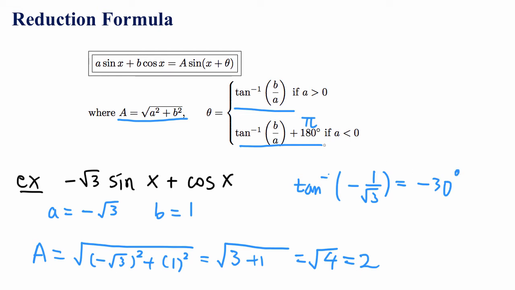But notice here that the value of a is negative, so we have to add 180 degrees to this value. Then we get 150 degrees, and if you want a radian value, you can multiply by pi over 180 degrees to convert this into 5 pi over 6. So that is the value of theta.